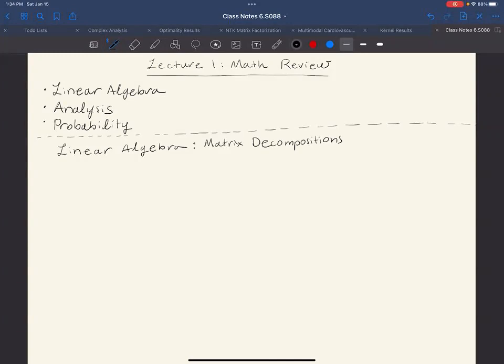So in particular, in terms of matrix decompositions that I would expect you to know, there's sort of two primary decompositions. The first one is going to be this eigen decomposition.